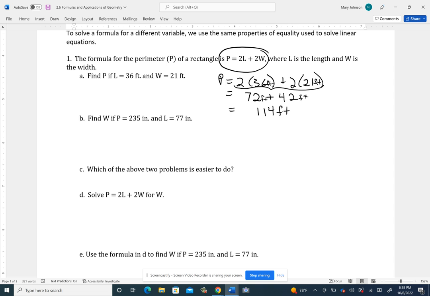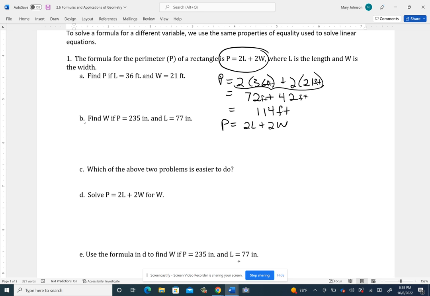Some of the problems you have in section 2.6 will be like that, where you replace some of the variables with numbers, and then you calculate the value of the remaining variable. This exercise is telling you why you're going to do this other thing. Part B has me use that formula. Let me write it here so it's right in front of us.